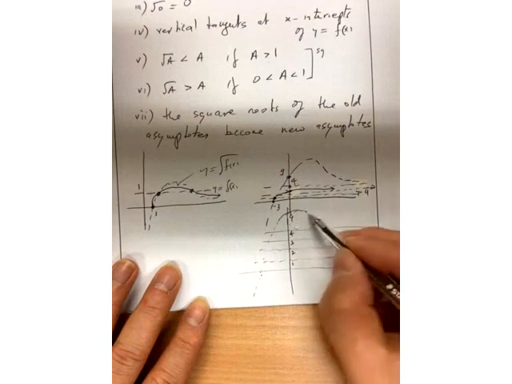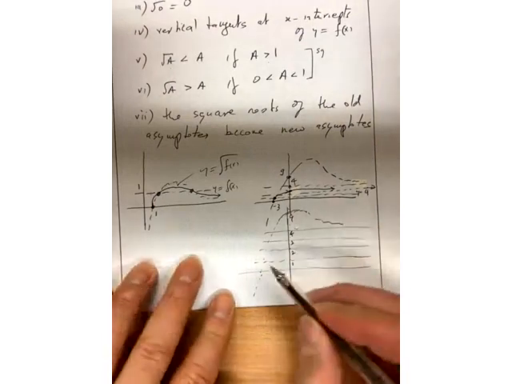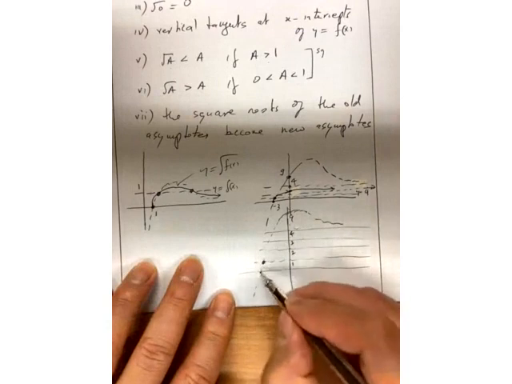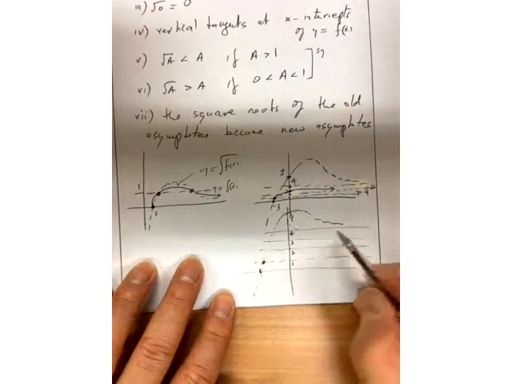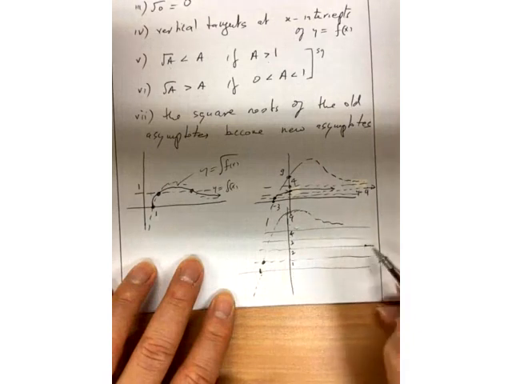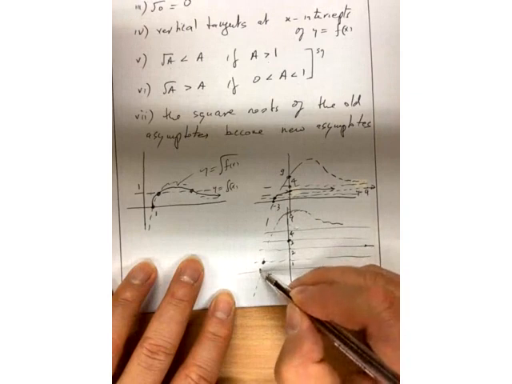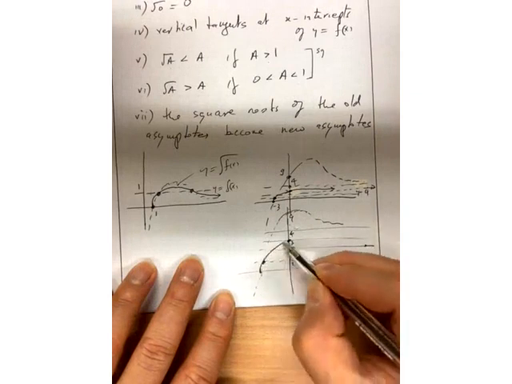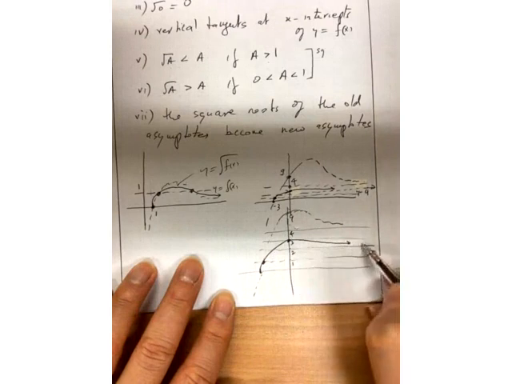The 4 is here, so it approaches that one there. So it's going to hit there. It's going to be 0 there. It's going to be a vertical tangent there. So you strike away, and then it's going to approach this line here. So it's going to touch here as well. So it's going to go there, there, there, and finally come back and approach that one there, which is y equals 2.